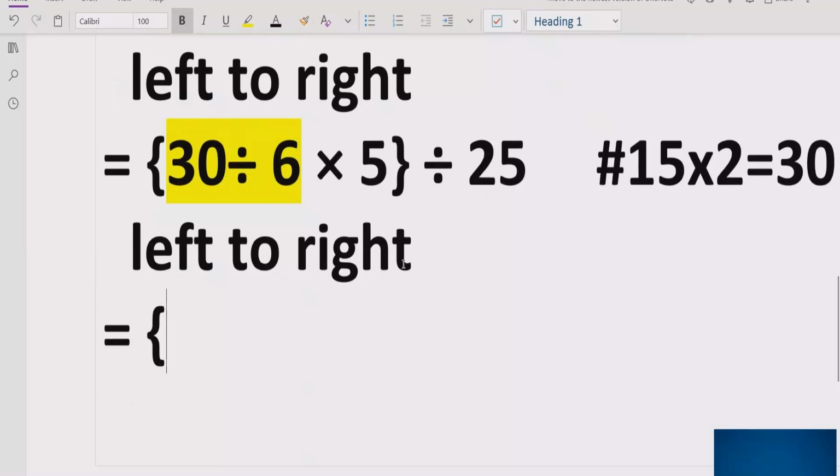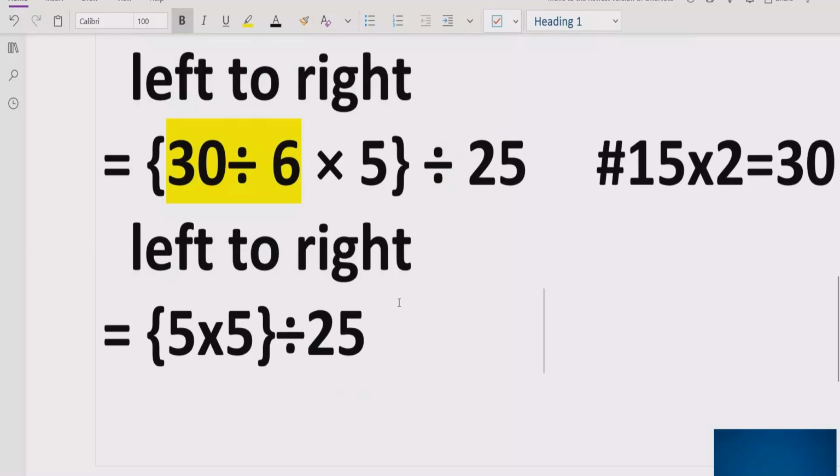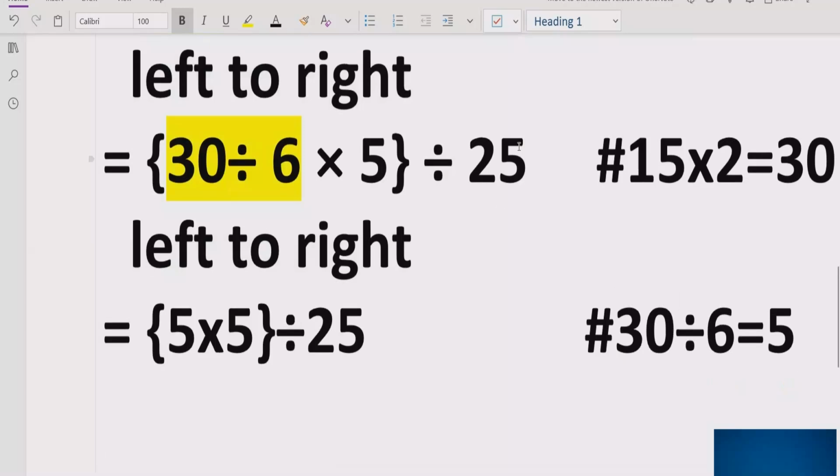So now we have the division 30 divided by 6, and we get 5, multiplied by 5, and divided by 25, which we write as it is. Here we give the reference: 30 divided by 6 equals 5.